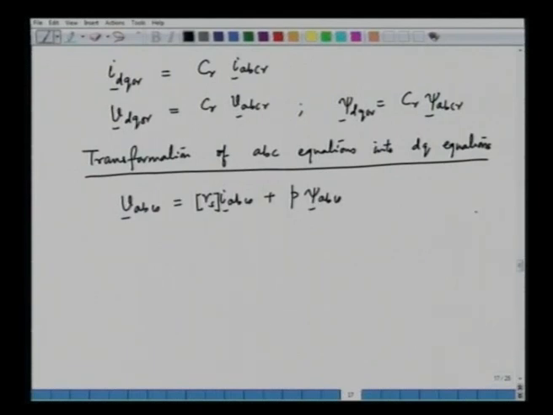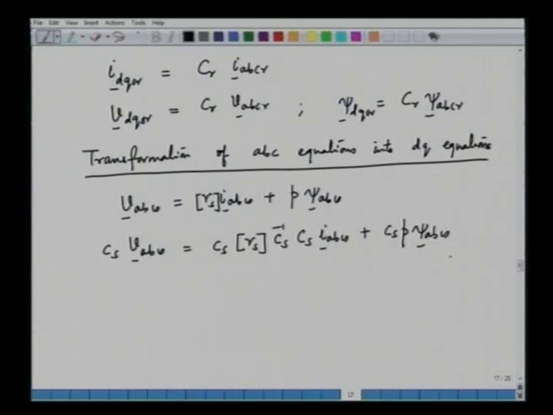and we can pre-multiply this equation with CS. So, we can say that CS VABCS equal to CS RS, we can have CS inverse into CS IABCS plus CS P psi ABCS. So, we can write down this matrix in the stator equations.